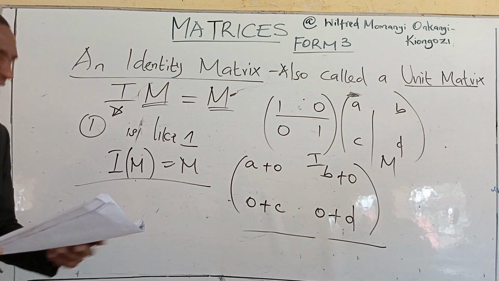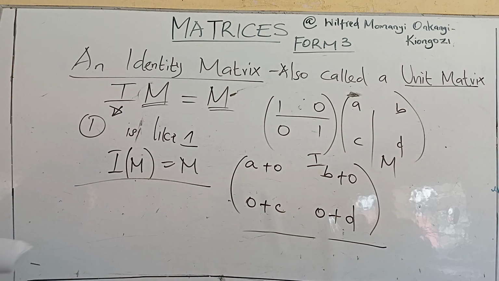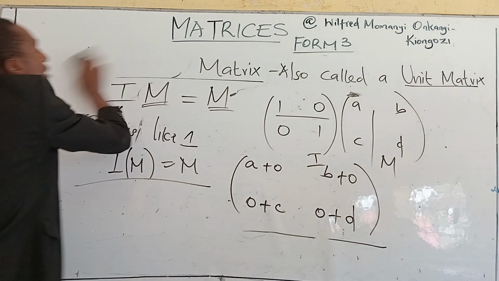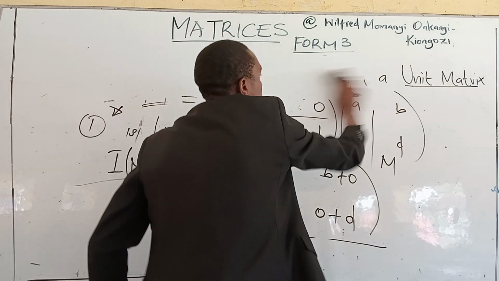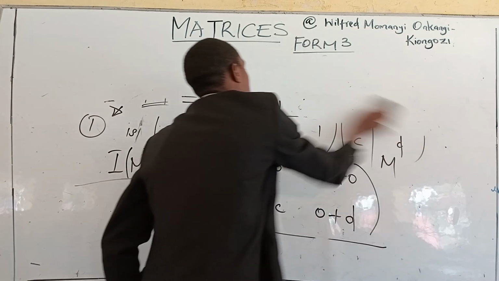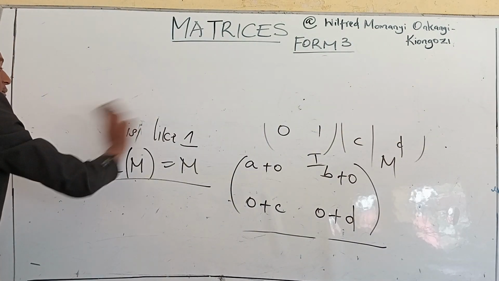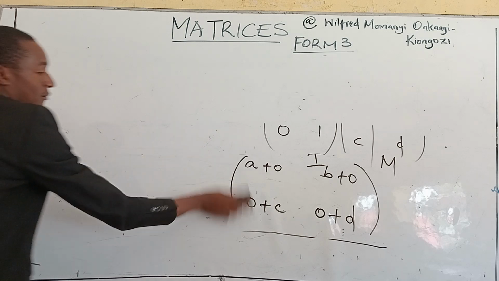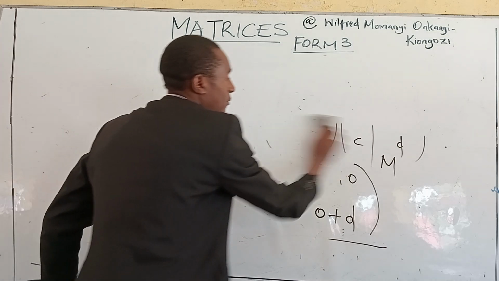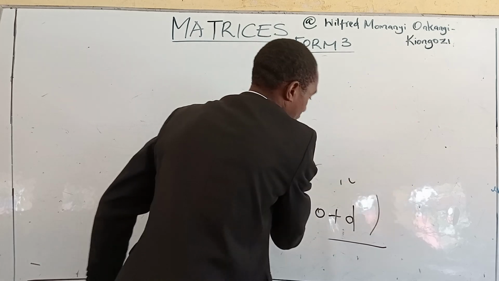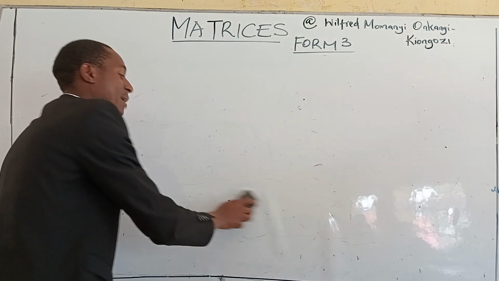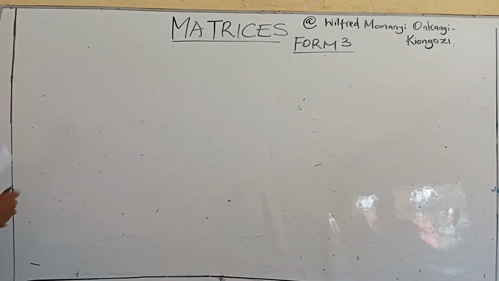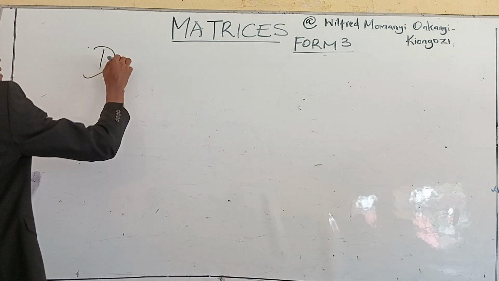The next part, determinant of a 2 by 2 matrix. Determinant. This is something new again.